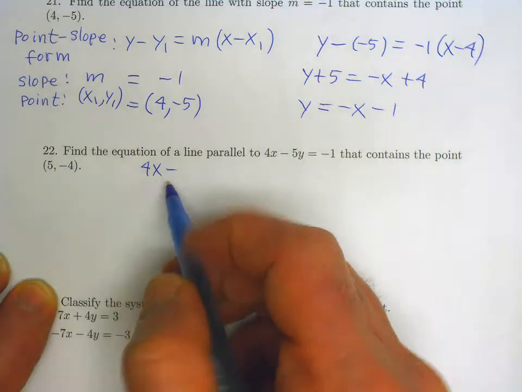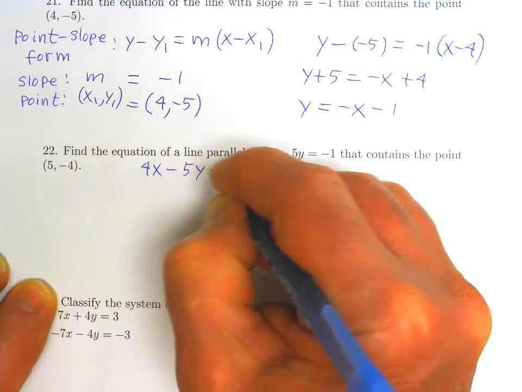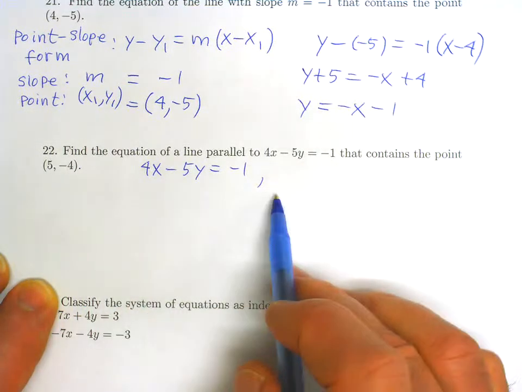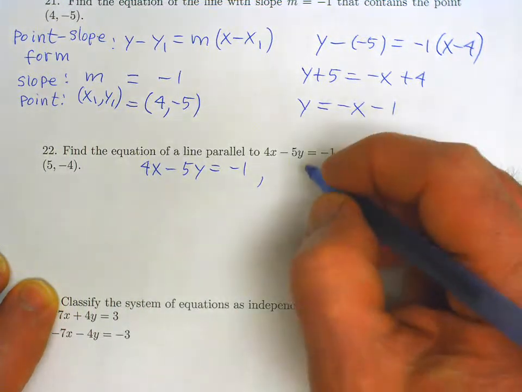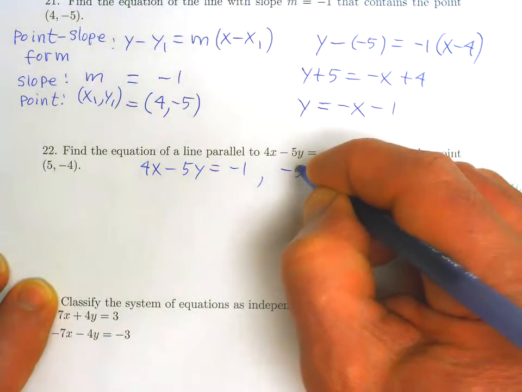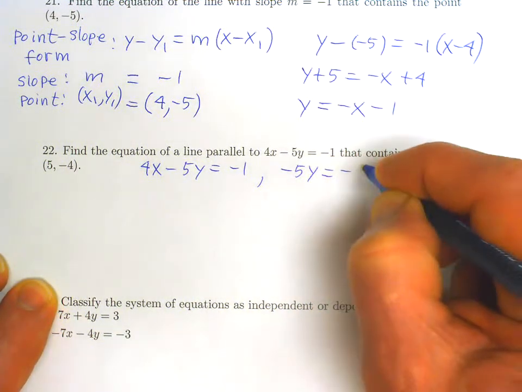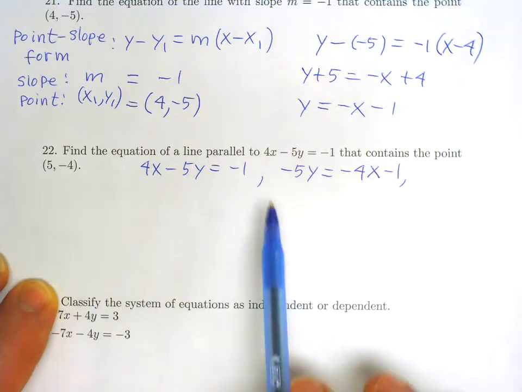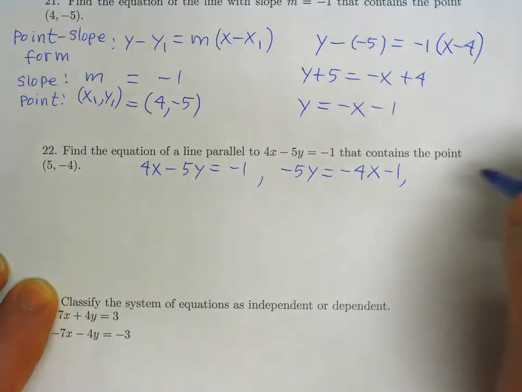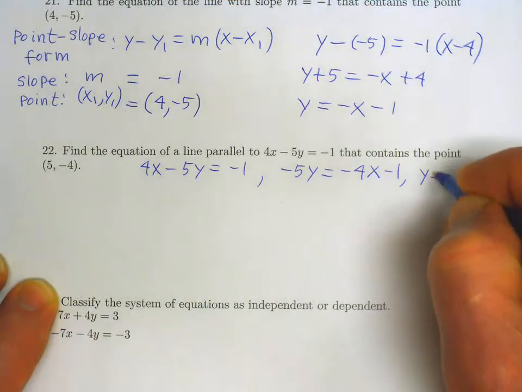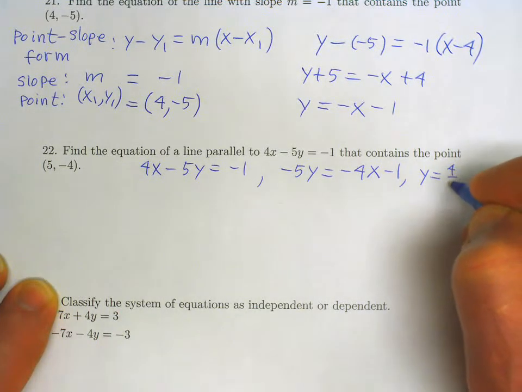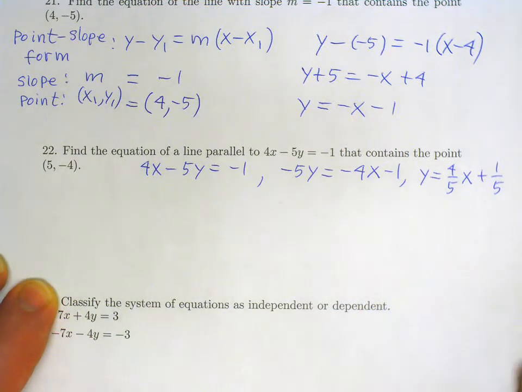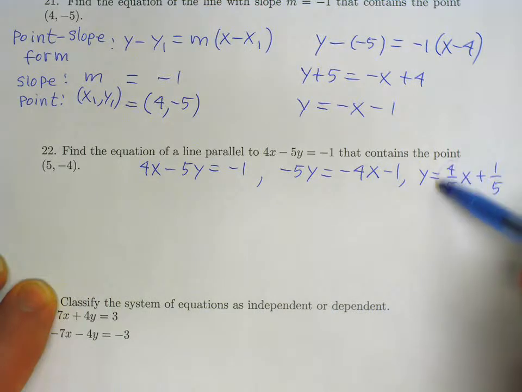So 4x minus 5y equals negative 1. We're going to solve this equation for y, so we'll subtract 4x from both sides. Negative 5y equals negative 4x minus 1. And then divide every term on both sides by negative 5. And we get y equals positive 4/5 x plus 1/5. What we're after is the slope.